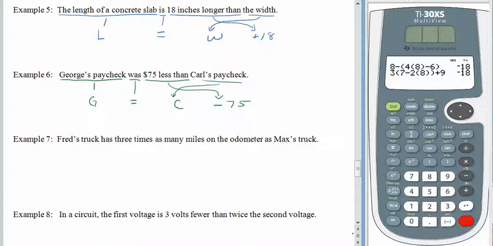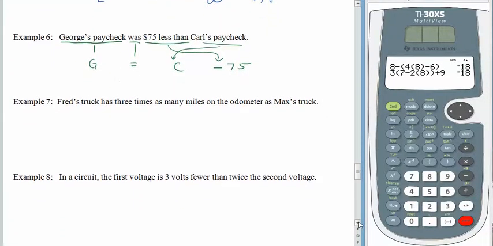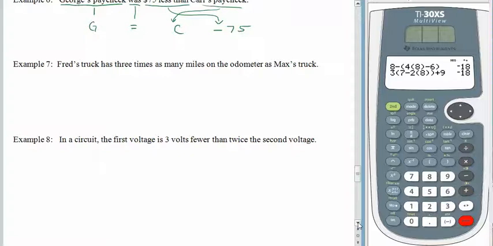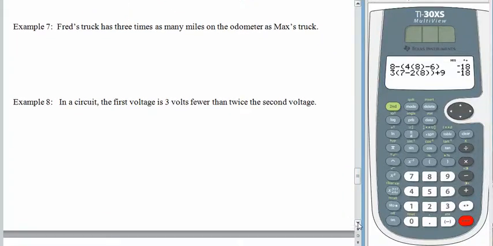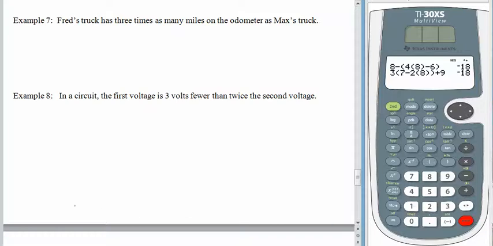Okay. Sometimes the sentences don't translate quite as directly, and it's never a bad idea to tell people what your variables represent anyway. Fred's truck has 3 times as many miles on the odometer as Max's truck. So if you wanted to let F represent what's happening with Fred's truck, we should probably tell somebody that this is actually miles.